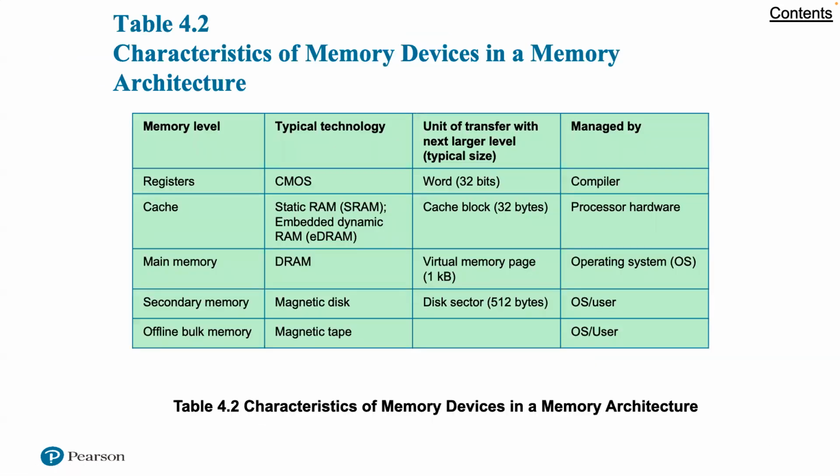So in this table, 4.2, we list some of the characteristics of key elements of the memory hierarchy. The fastest, smallest, and most expensive type of memory consists of the registers internal to the processor. Typically, a processor will contain a few dozen registers, although some machines contain hundreds of registers.